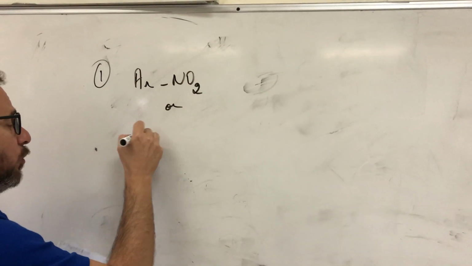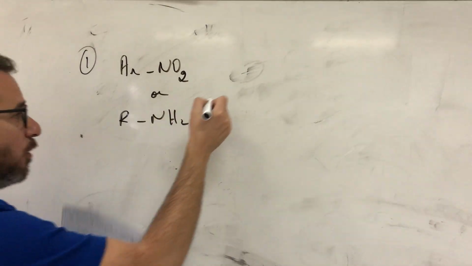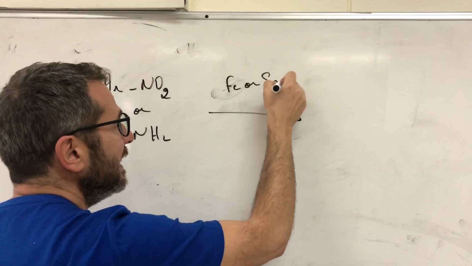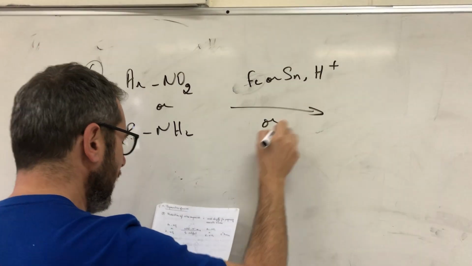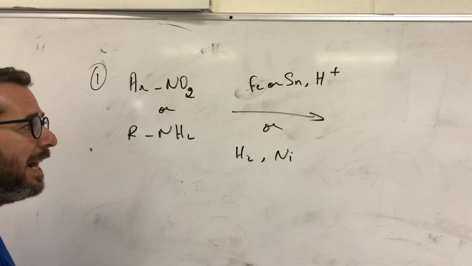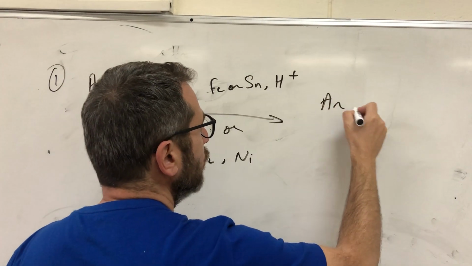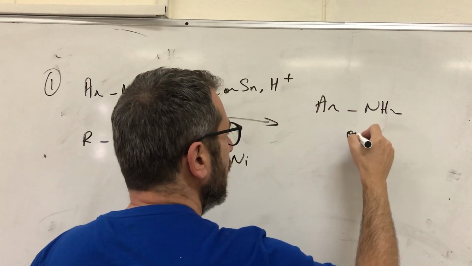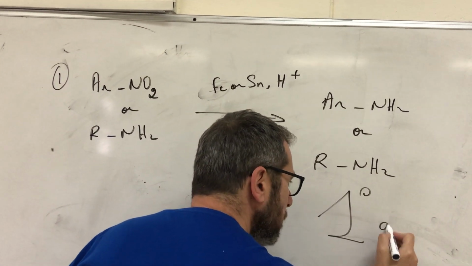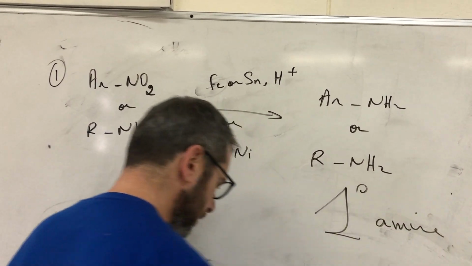So if you take a nitro compound, aliphatic or aromatic, you add Fe, a metal, or Sn in acidic media, or we can add also H2 with a catalyst, nickel, platinum, palladium. You will transform it to aromatic NH2 or RNH2. So in this method, you will always obtain a primary amine.